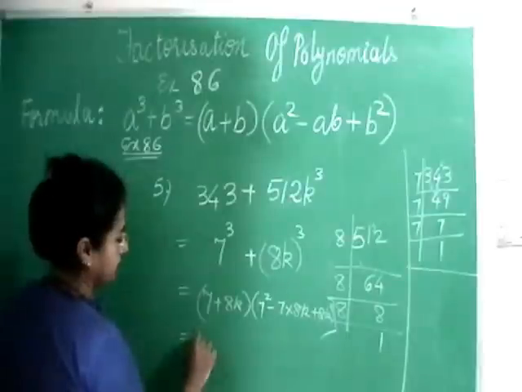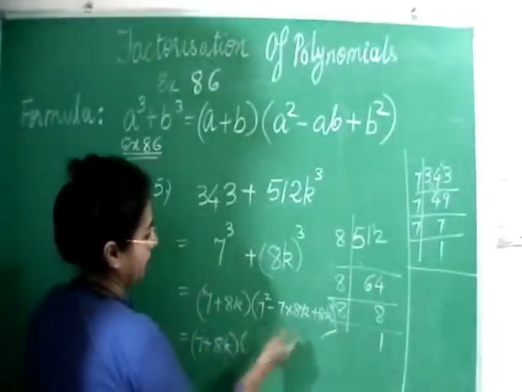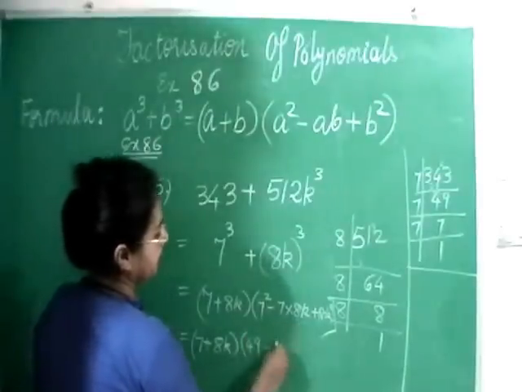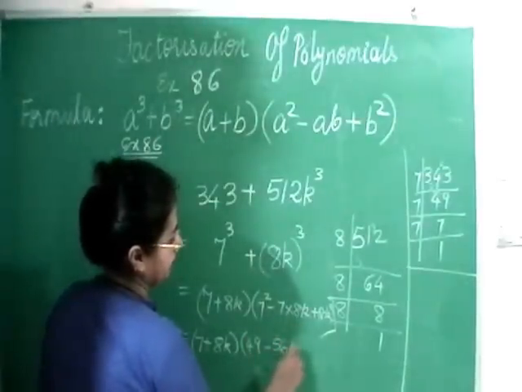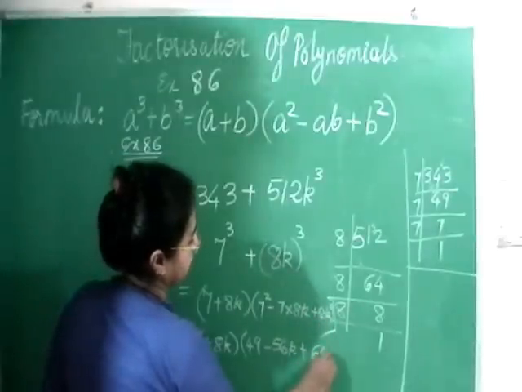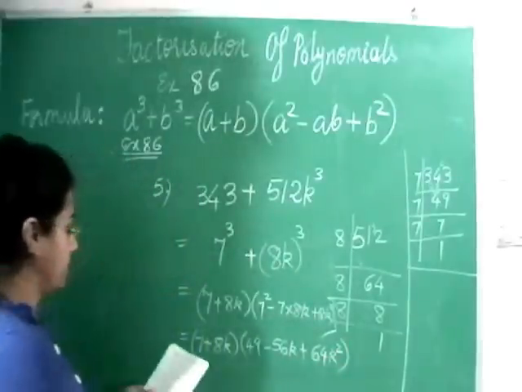So your final answer is 7 plus 8k, and in the other bracket it would be 49 minus 7 8s are 56k plus 8 8s are 64k square. This is sum number 5.